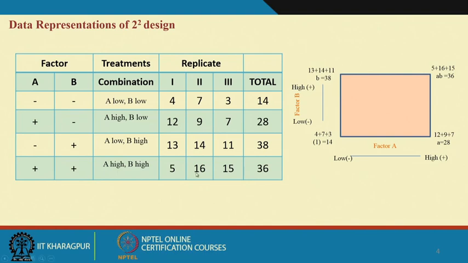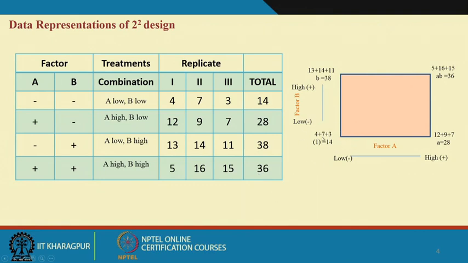So, what happened here then? Then you have 3 runs in each treatment setting. So, we first want to know the total here. This total will be 4 plus 7 plus 3, 14, when low low. Similarly, at this point it is 28, at this setting it is 38, and at this setting it is 36. These are known as totals.